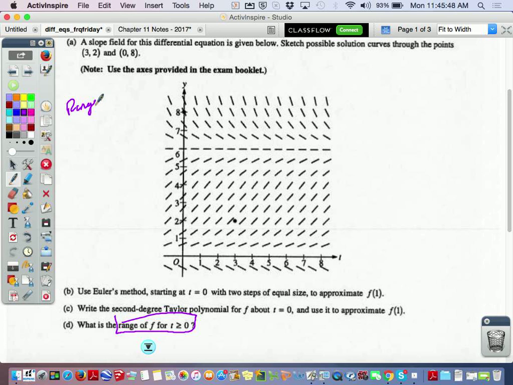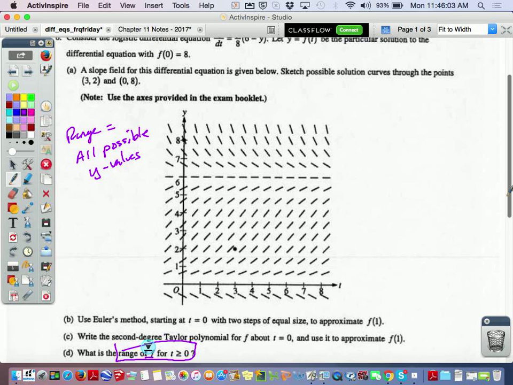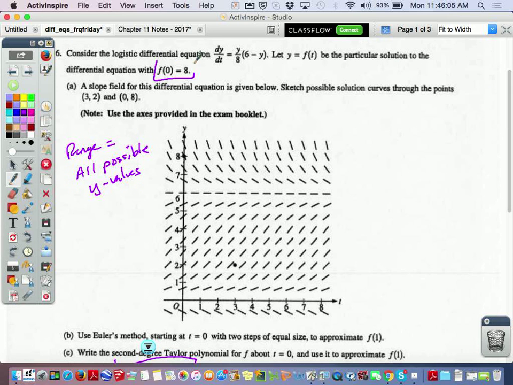The range is all possible y values that a function can take on. Because it specifically says f, in this problem, our function f is the one that starts at the point (0, 8). So I'm looking specifically at this solution.